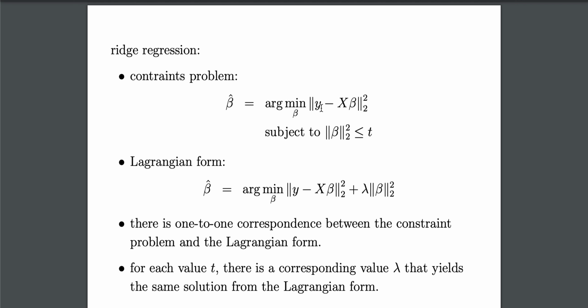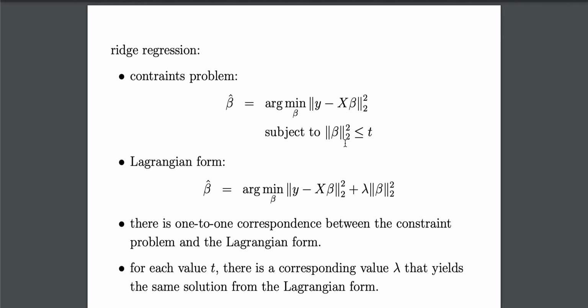Minimize the residual sum of squares subject to this constraint. And what is this constraint? This is a circle. In 2 dimensions, it's a circle. In 3 dimensions it's a sphere, and more than that, it's a hypersphere.